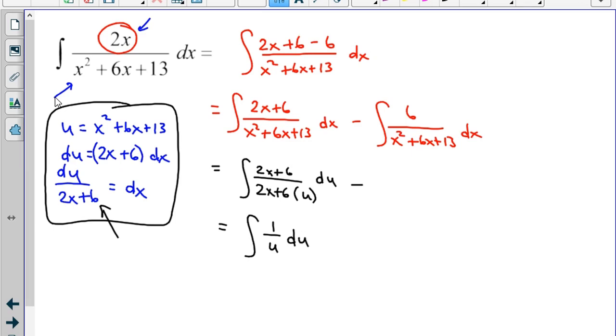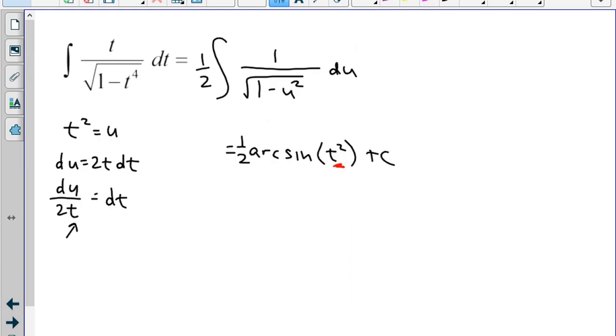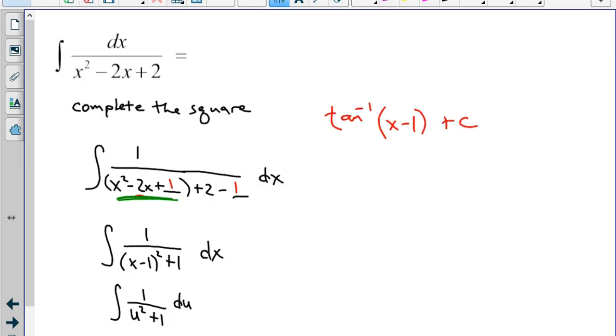Now, let's take a look at the second integral. If I have 6 on the outside, I'm just going to rewrite that. I now have 1 over x squared plus 6x plus 13. This one does not have an x in the numerator anymore. So I'm thinking this one is a lot like the previous problem, or two problems ago, where I had an x squared minus 2x plus 2, and I did a complete the square situation.